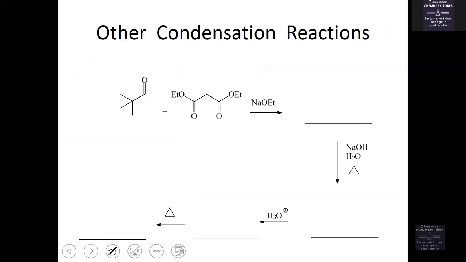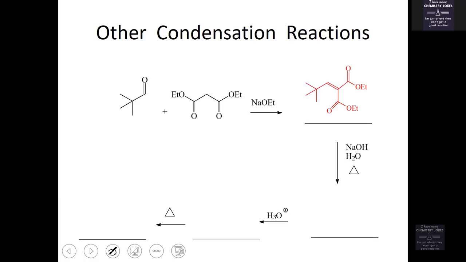So malonic and acetoacetic are frequently referred to by name, but there are lots of varieties of things like this, such as this one. When you add this aldehyde and this diethyl malonate together with NaOEt, it's going to do an aldol-like condensation. Give you that product.